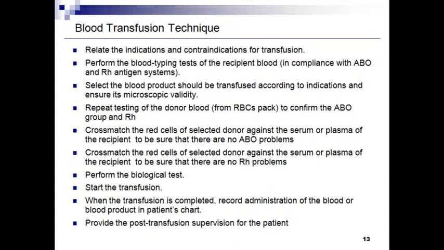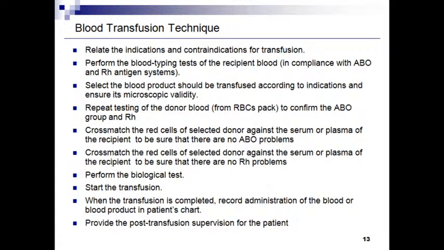At first, we must observe our patient and relate the indications. It means we should diagnose the conditions, diseases, or pathological states which require blood transfusion for their correction. After that, we should order the necessary blood product in the hospital's blood bank service.